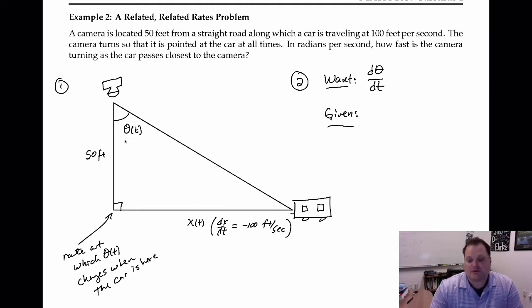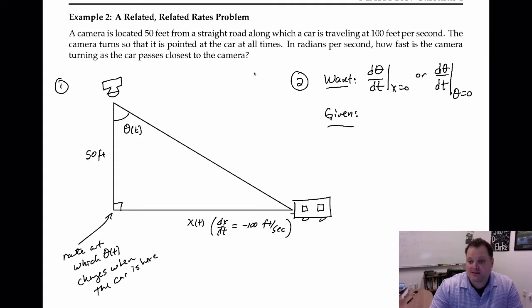Now there are a couple of different ways to think about when I want that rate. I could think of it as when the car is here, which means when x is 0, right? There's no distance there if the car is there. So I could think of this when x is equal to 0, or I could think of d theta dt when the angle is completely closed down, so theta would be 0.